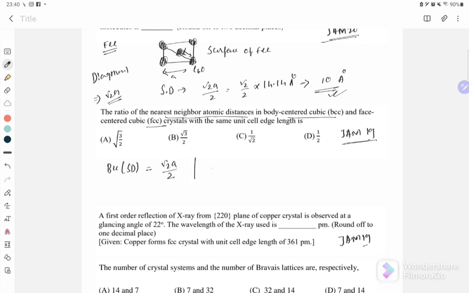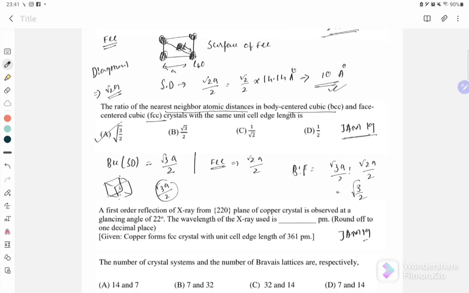So the ratio BCC to FCC is root 3a by 2 to root 2a by 2, that is root of 3 by 2, that is option A.